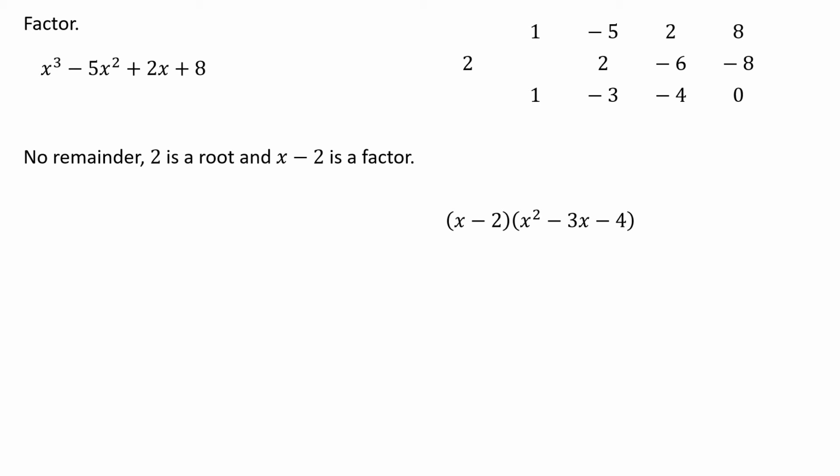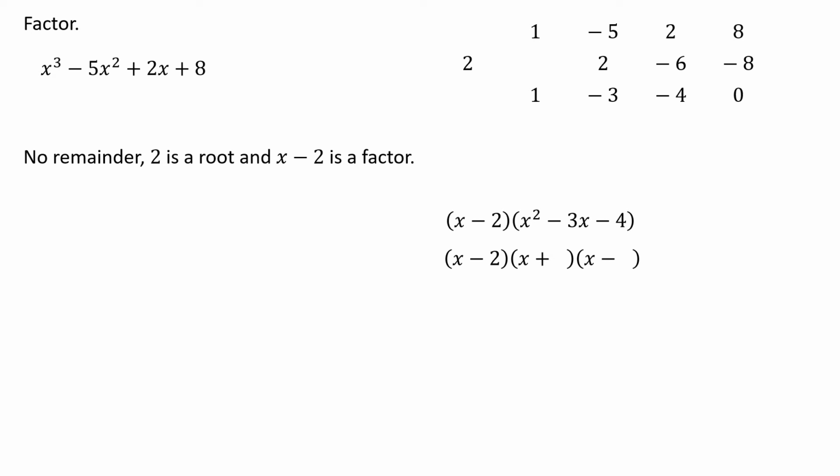So if I wanted to continue the factor, I know one of the factors is x minus 2. And then the bottom line, that 1, negative 3, negative 4, tells me I've got 1x squared minus 3x minus 4. Of course, I'll make 2 sets of parentheses. I know x times x makes the x squared. The negative on the 4 tells me the signs do not match.